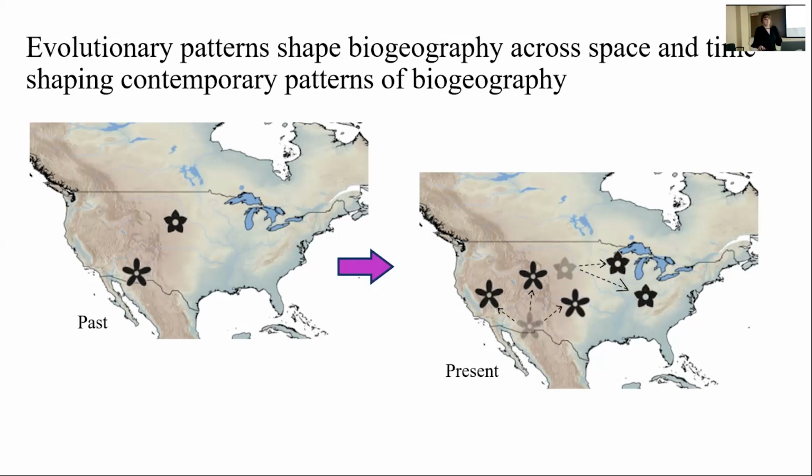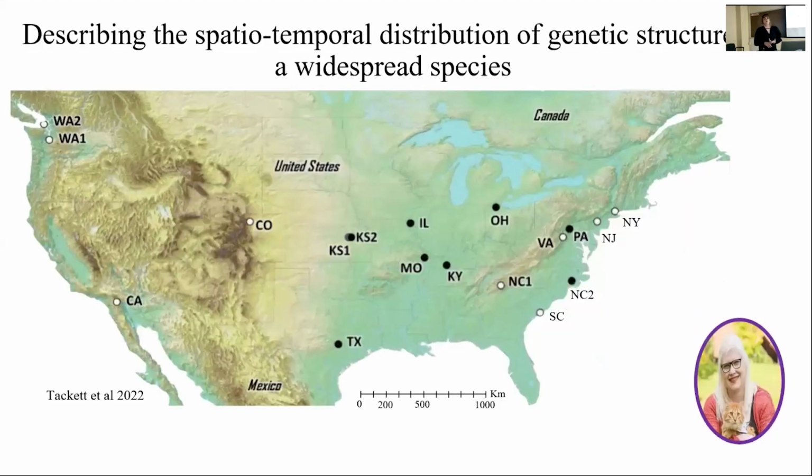So to do this, I built off of a previous student's work, and she used just the one most widespread species, which is Perfoliata. And they had RAD-seq data representing these populations you see here. And she used this as well as climate data to explore the role contemporary factors had on population connectivity.